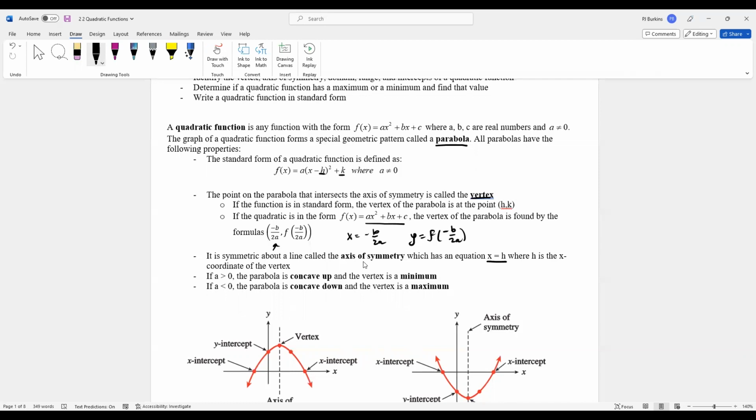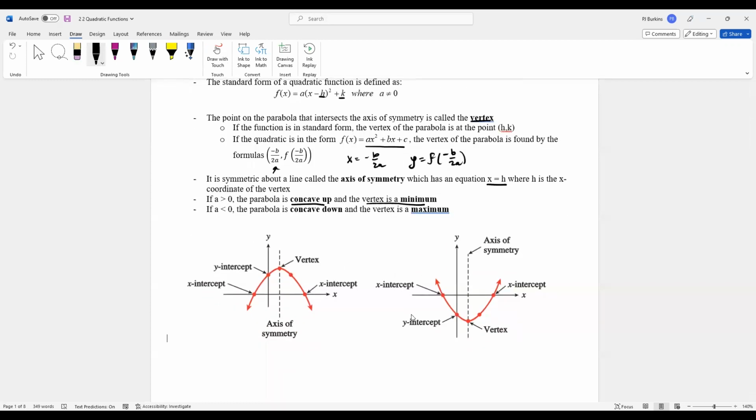So it's an x equals equation that the parabola is symmetric about. If the coefficient a is greater than 0 in either of the two forms, whether it be in the standard or in this other form, the ax squared plus bx plus c, then the parabola is said to be concave up, and the vertex is a minimum. And that's this image right here, which is what we're used to when we talk about parabolas.